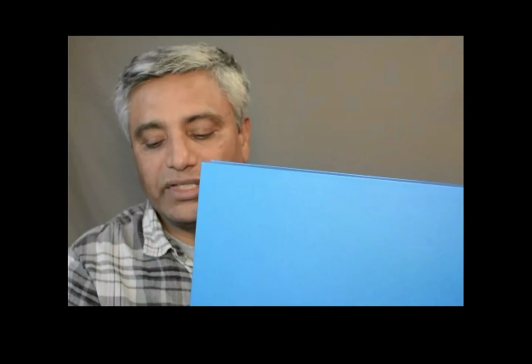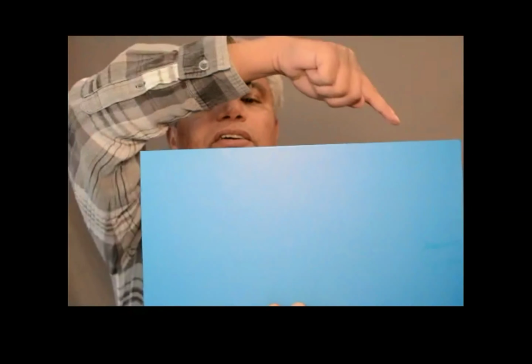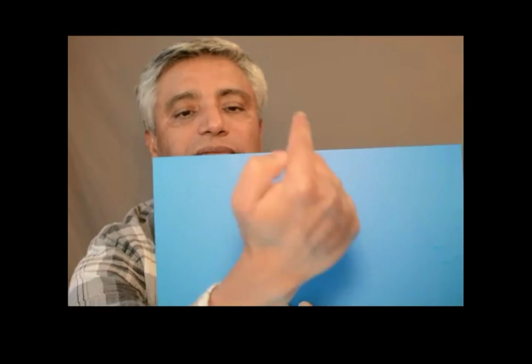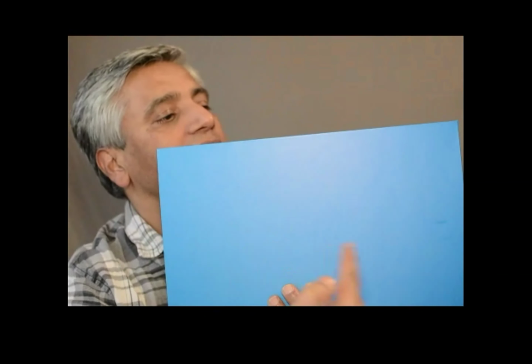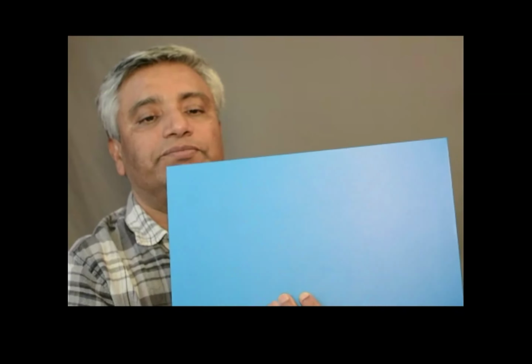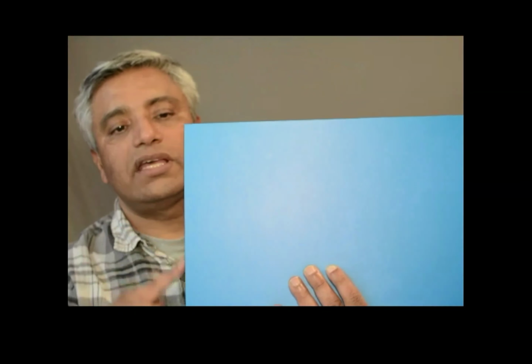Now what determines whether it's going to be this way or that way? For that, we need to look at which direction the current is flowing in the loop. For example, if current is flowing in this loop something like this, seen from that side, that's going to be clockwise, I think. Is my finger going clockwise right now for you folks? See, it's going this way and that way.